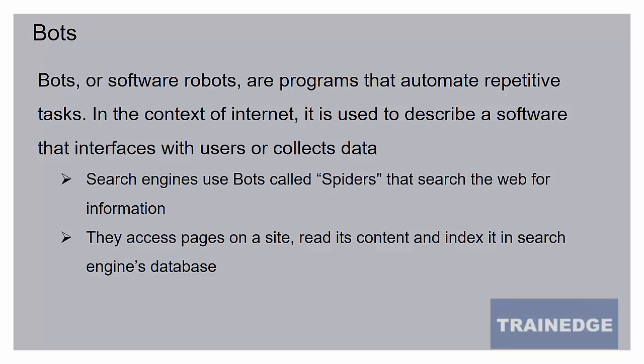The primary purpose of a search bot is to figure out which sites are there, what pages are there on a specific site, and what is the content of each page, collect all that information, and put it into the search engine's database.